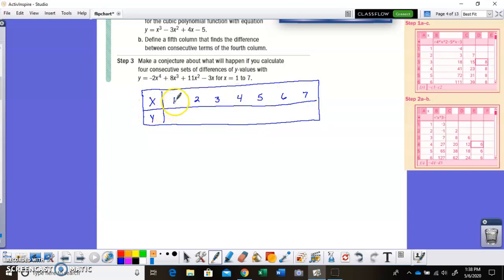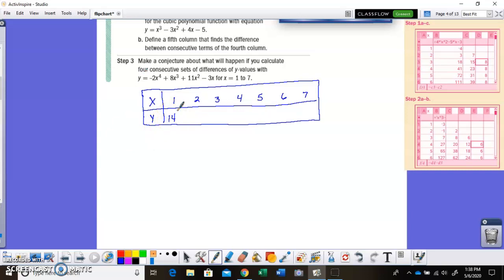Substituting in the number 1, I'm looking at -2 plus 8 plus 11 minus 3. So I'm getting 14 as my first term.